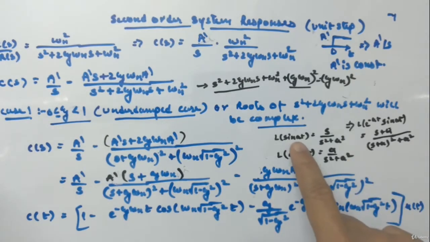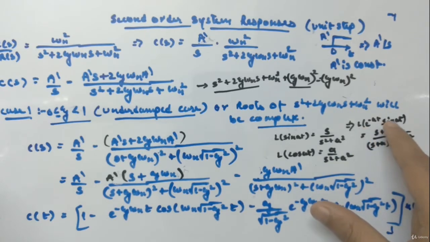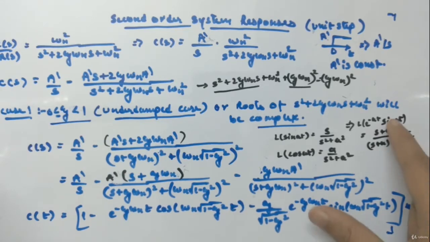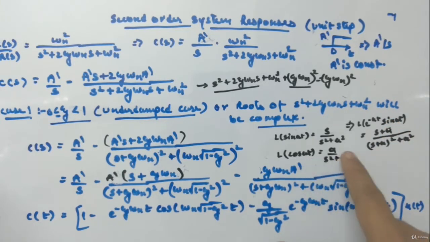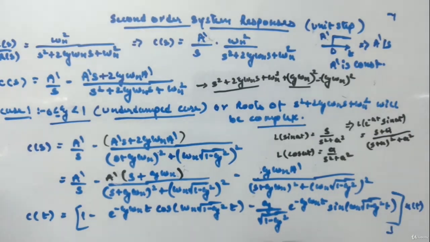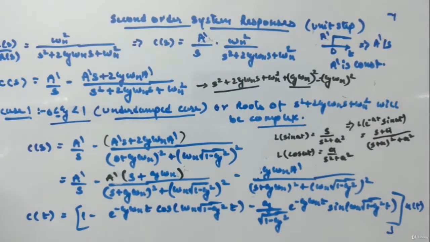But if you have shifted s, then the Laplace transform of e to the power minus at sin at will come out to be a divided by s plus a whole square plus a square, and for e to the power minus at cos at it is s plus a divided by s plus a whole square plus a square. Similarly, if you apply this property here, you will get a divided by s plus a whole square plus a square. Okay, so that's the property I used here in the inverse transform.